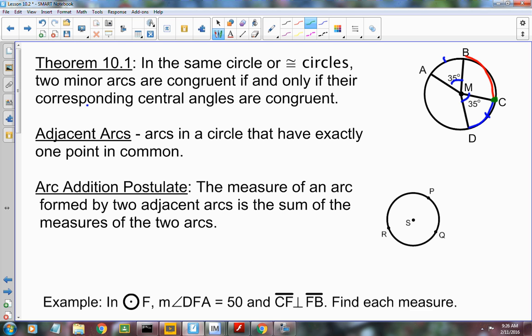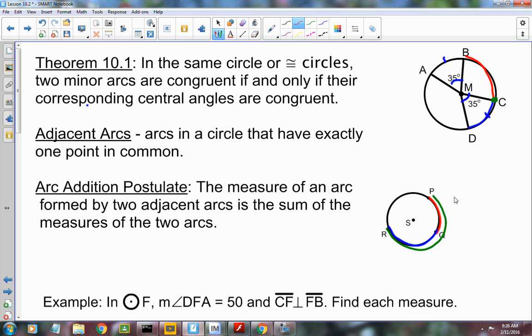And we have the arc addition postulate, just like we have the segment addition postulate and the angle addition postulate. Basically, it says that if you add two adjacent arcs together, then it's equal to the whole big part of the arc. For example, if I took the measure of arc PQ and the measure of arc QR and added them together, it would be equal to the measure of the entire thing.